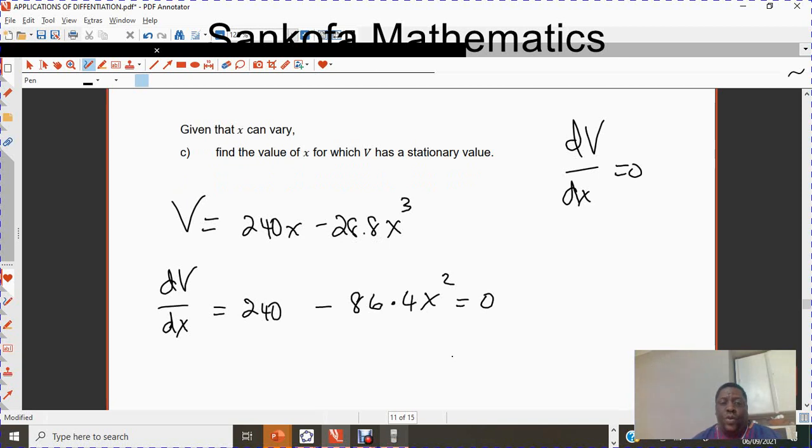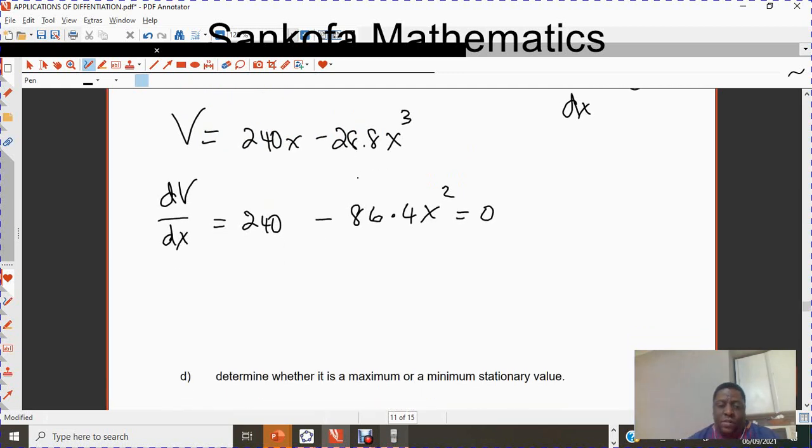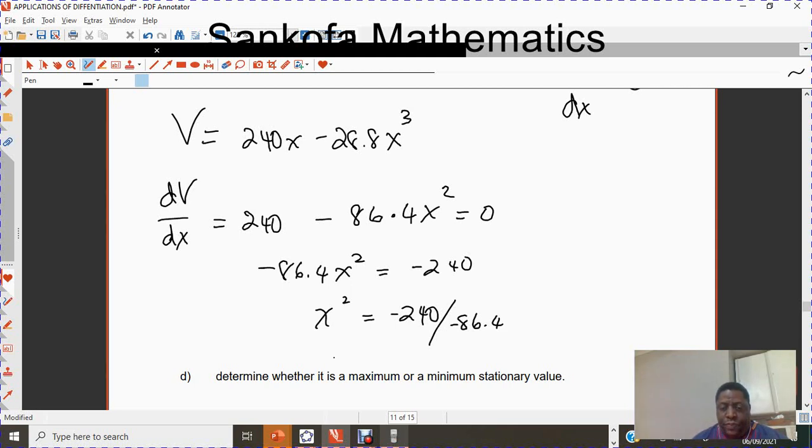All right, so we have to first find the value of x. So minus 86.4x squared equals minus 240. So x squared equals minus 240 divided by minus 86.4. Okay, so x will be the square root of that.